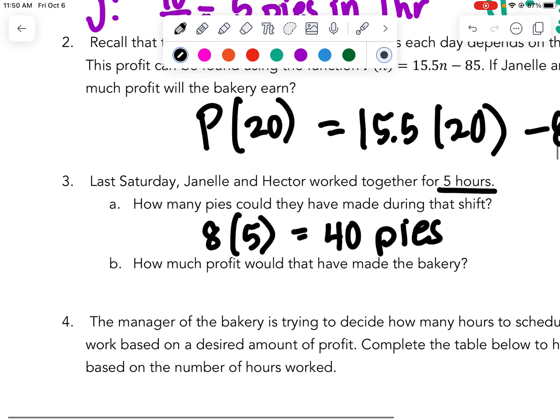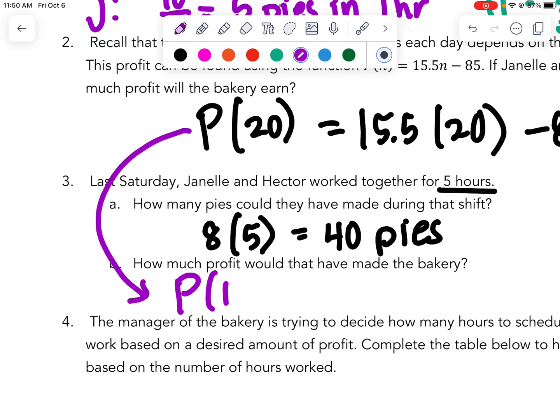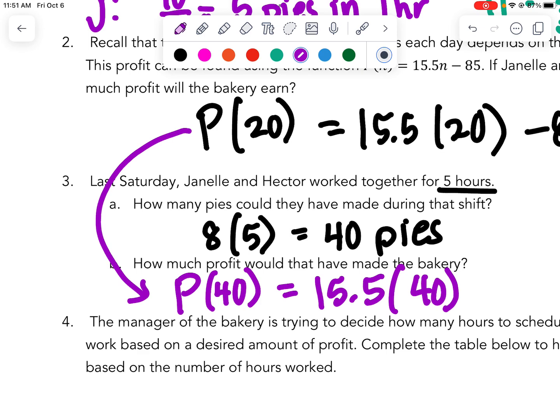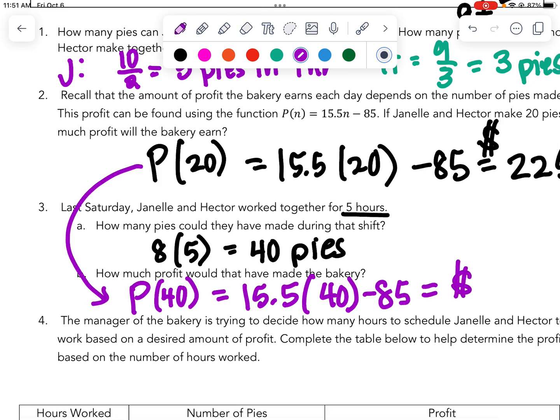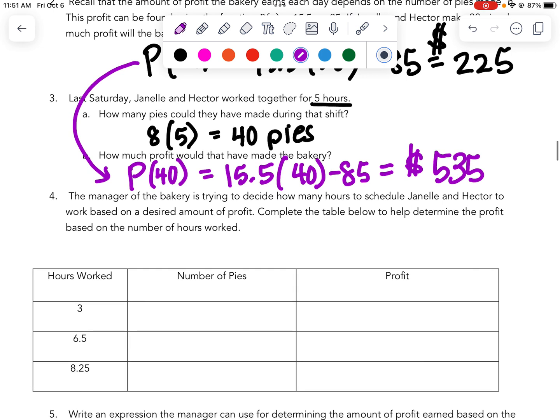Well, we know that in 5 hours they make 40 pies, but the profit, so we plug into this equation, the profit for 40 pies would be 15.5 times 40 minus 85, and that would be a profit of $535.